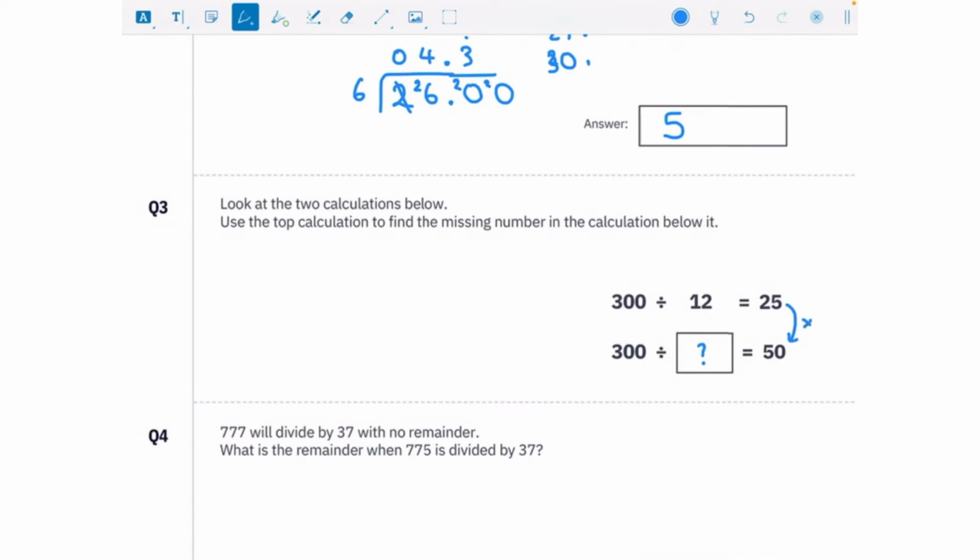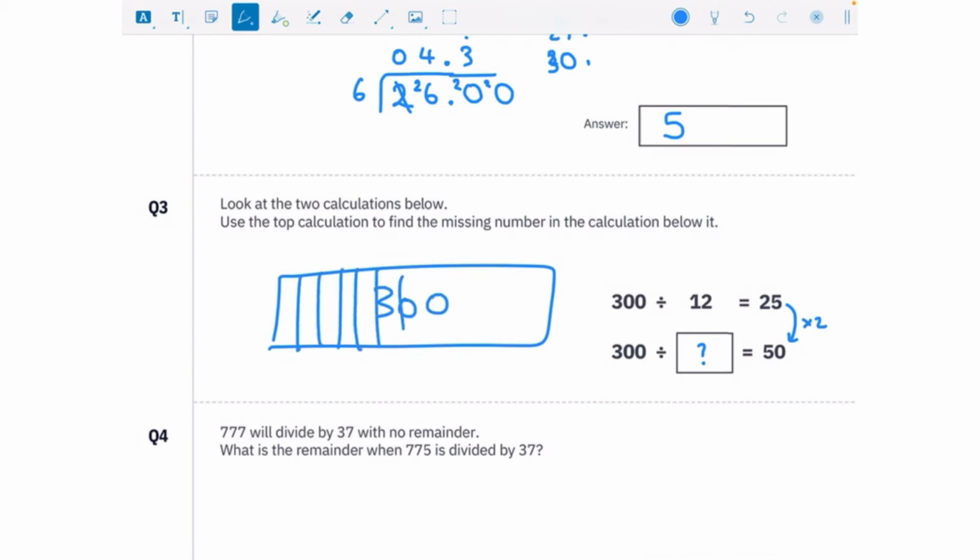So if I've got 300, let's say this is my bar, 300, and I'm dividing it by 12 to get 25, if the answer is 50, that's double. So I've got 50 there, 50 there, 50 there, 50 there, 50 there, and 50 there.